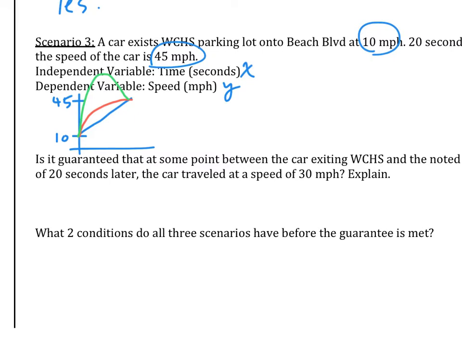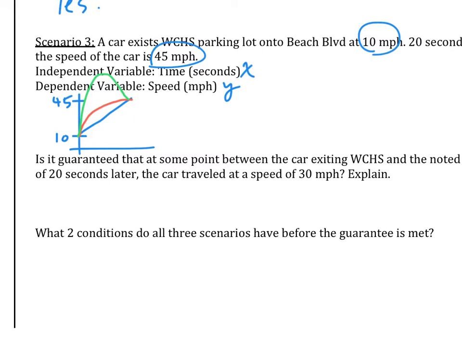So we said the answer to all of these follow-up questions, is it guaranteed or isn't it guaranteed, is always yes, it is guaranteed. But then what are the conditions it has to meet before this guarantee is true? What does it have to happen so that we can say that, in the first scenario, if the person was born until he is 30, he must have some time in his life became 17 years old.